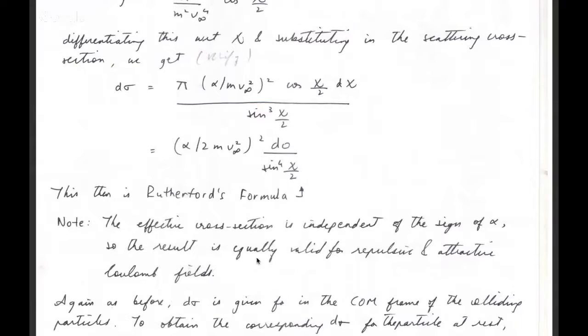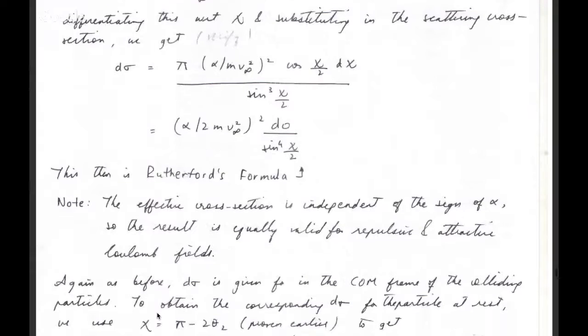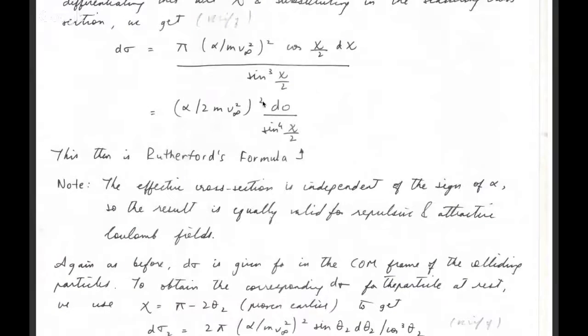So the result is equally valid for repulsive and attractive Coulomb fields. Yes, makes sense. Actually, I don't know if it makes sense, but yeah, because it's squared. Of course, from the formula it is squared.